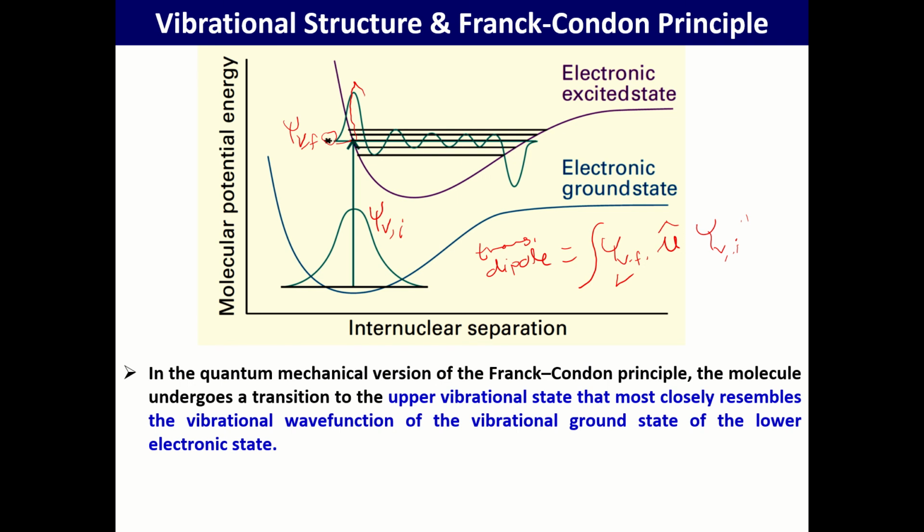So psi f psi i, if there is good overlap of final and initial, then the transition dipole will have a much higher value. The dipole value will be higher, so absorption will be higher. So you will see that this is high intensity.